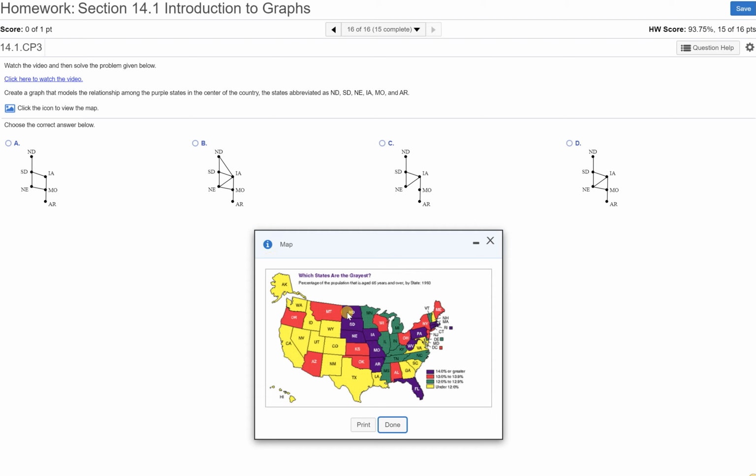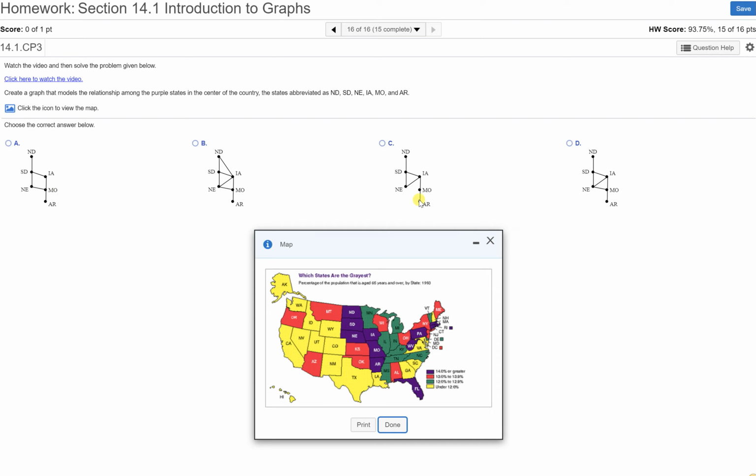Okay, ND is here. The ND connects to SD, NE. That's good. Does ND connect with IA? No, so this is wrong. That connection shouldn't exist. So we know B is bad. I'm just looking at the differences. According to the difference between A and C, I see that AR is connected to MO.